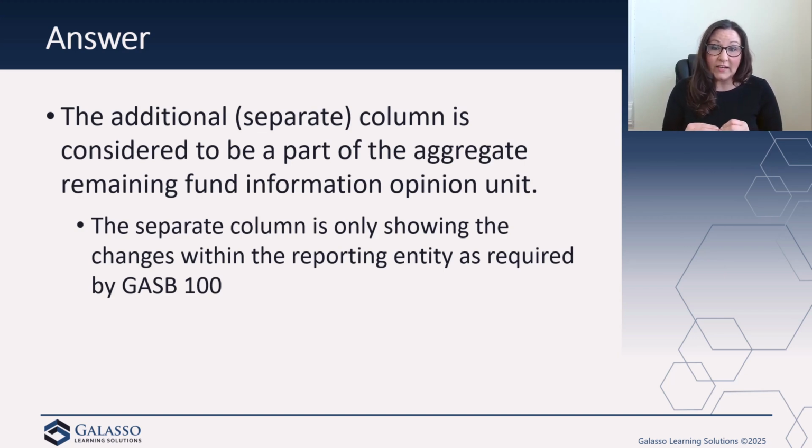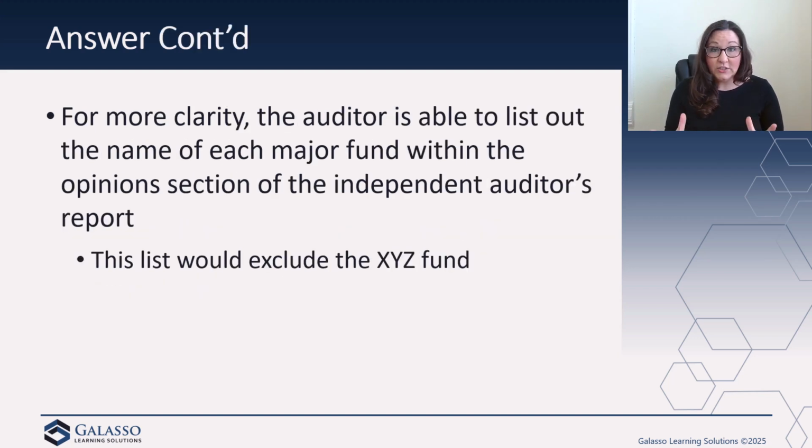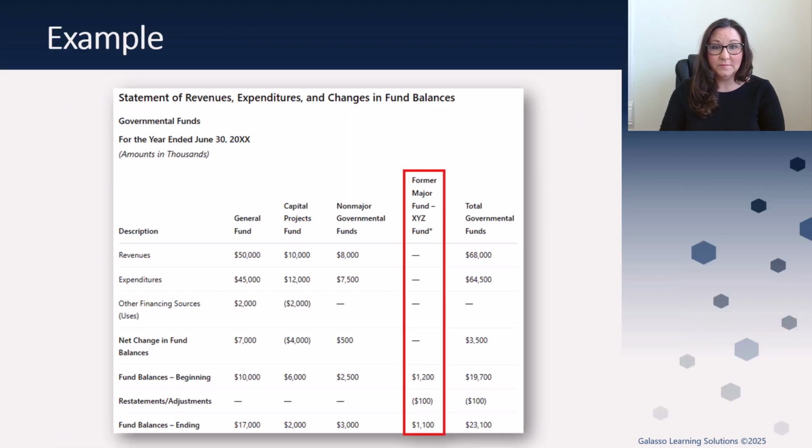The current year activity will be part of the non-major governmental funds column. Additionally, if you want to show more information about what funds are major in the current reporting year, the auditor can list each of those major funds in the opinion section of their independent auditor's report. You would then clearly see that your XYZ fund is no longer listed as one of the major funds.